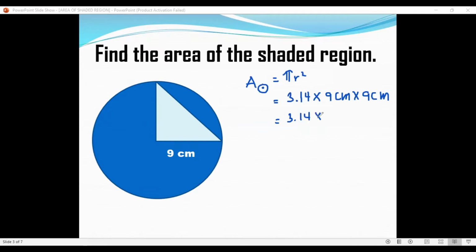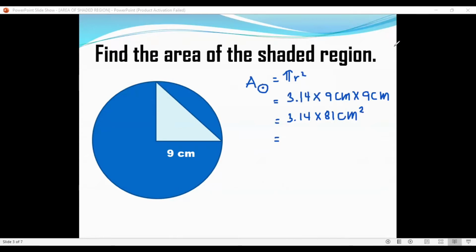Do not forget as well that the unit of measure that we have now is raised to the second power. So cm times cm is cm raised to the second power, or cm squared. That is because we are counting the number of square centimeters in the circle.